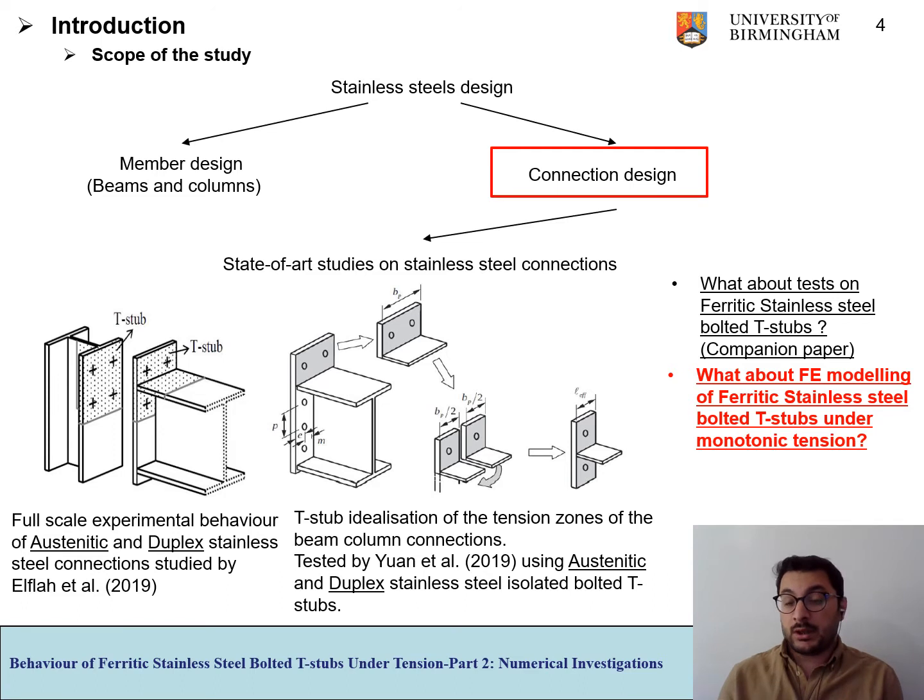And also in the companion paper, the ferritic stainless steel bolted T-stub has been investigated by experimental tests. In this paper, the finite element model has been developed and validated against the available experimental test results of ferritic stainless steel in the companion paper.